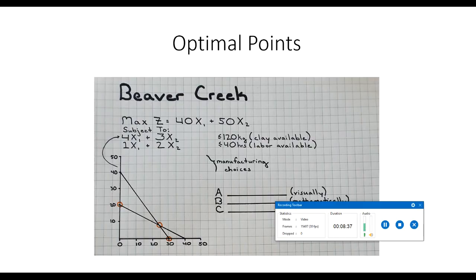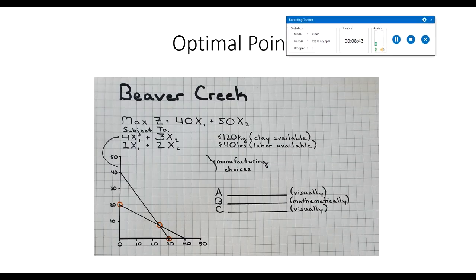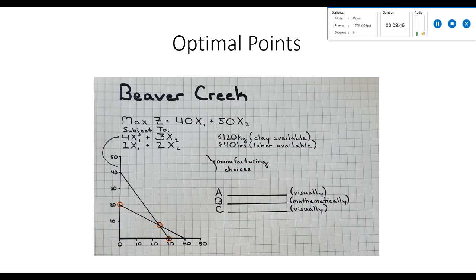So we have three possible optimal choices, A, B, and C, as we've indicated here. A, we've found visually. C, we can find visually. B, we have to find mathematically.